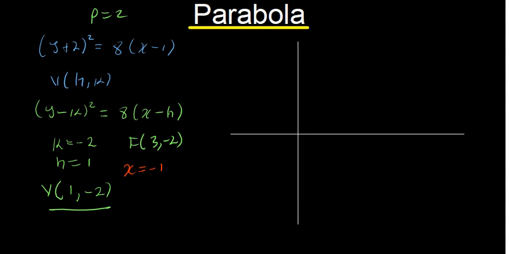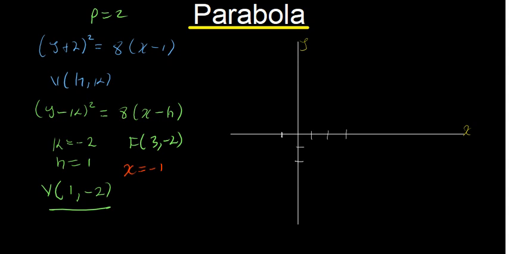Let's say we have 1, 2, and 3 there, and negative 2 on the y-axis. You have negative 1, negative 2 there. Let me just indicate y and x there. I'm still supposed to go in the negative on the x, so you have negative 1 there for the directrix.